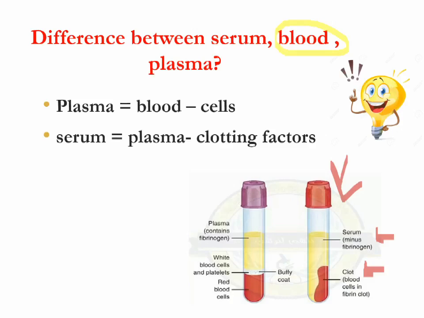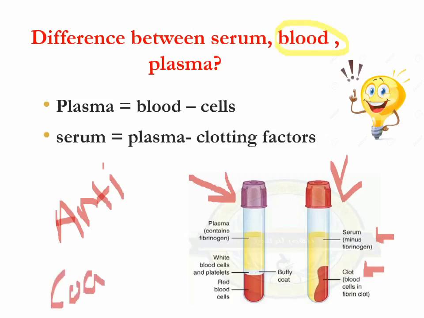On the contrary, if you want to obtain plasma, how are you going to obtain the plasma from the blood sample taken from the patient? Simply, here you have a test tube containing the whole blood, and you have to add anticoagulant. Why are you adding anticoagulant?